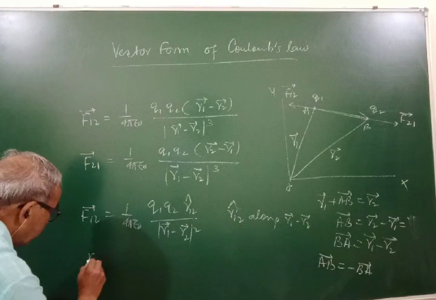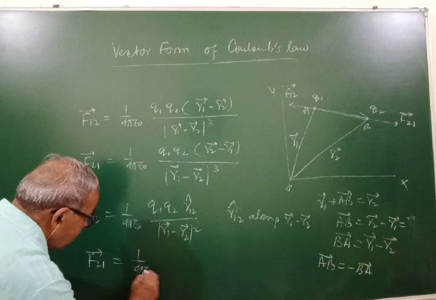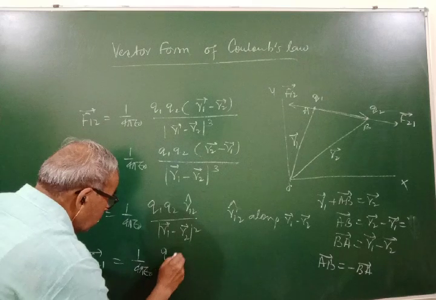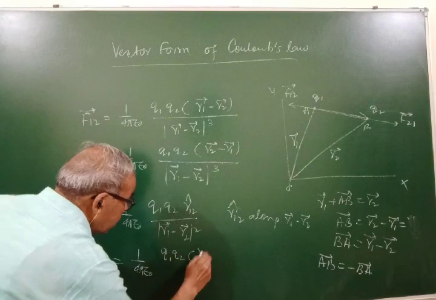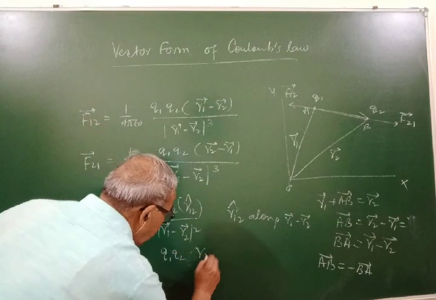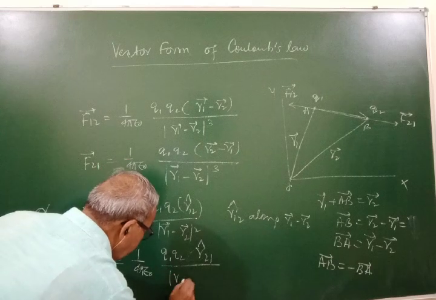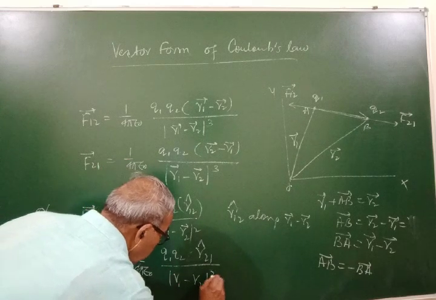Similarly, F21 equal to 1 upon 4 pi epsilon 0 q1 q2 bracket r21 unit vector upon modulus r1 minus r2 whole square.